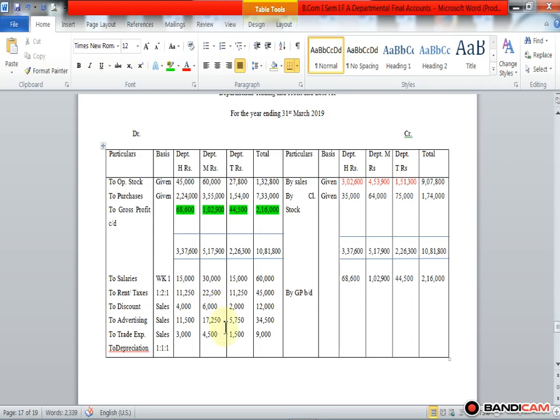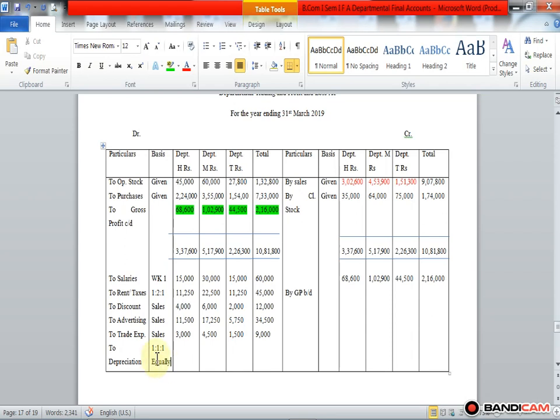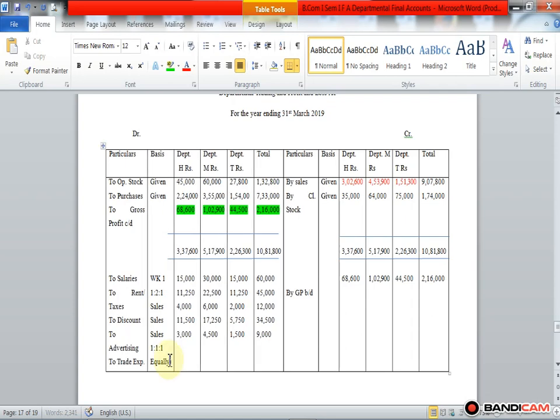Okay, it means equally, or write it here in brackets, that is equally. So depreciation is distributed among each department equally.